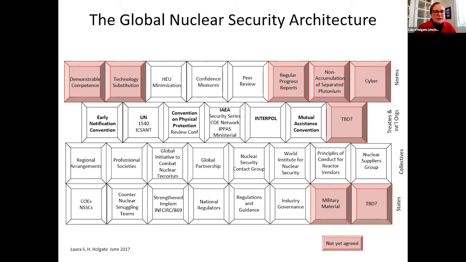The IAEA's organizational mission has evolved to include nuclear security, and its nuclear security activities and responsibilities have expanded over time. Now, these are generally in support of national level actions, but what they do is promulgate nuclear security guidance and recommendations, which countries can voluntarily adopt.